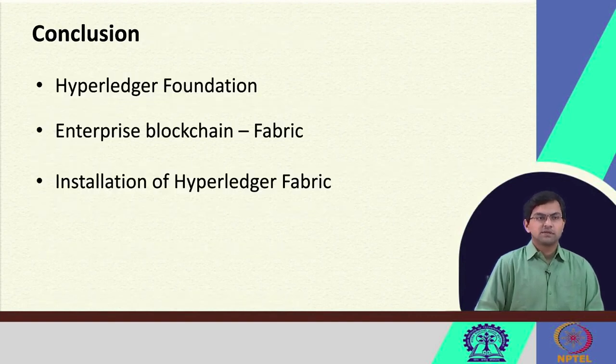Concluding, we learned about the Hyperledger Foundation in general, and then we also saw how we can use Hyperledger Fabric, install the prerequisites, and check if the Fabric binaries are working or not.